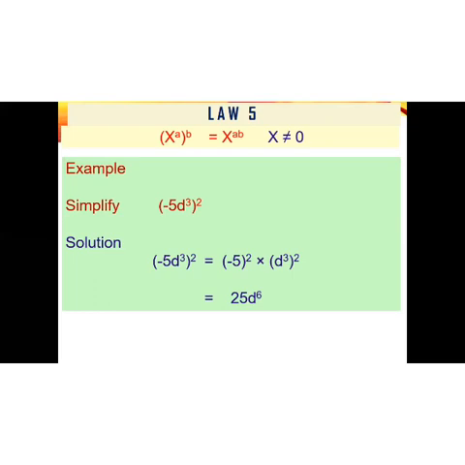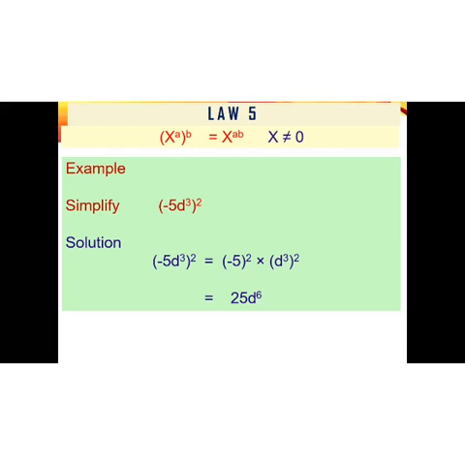We're going to do a product of the exponents for d cubed squared. So we would have 3 times 2 here, which will give us 6. So this is d raised to the power of 6. So that's our final answer there, 25d raised to the power of 6.